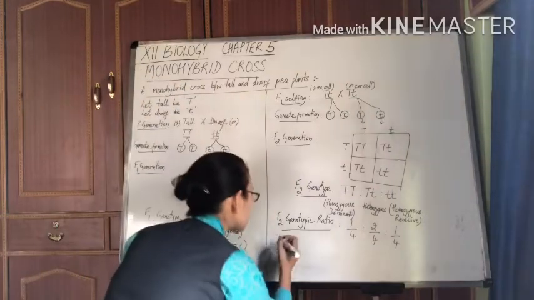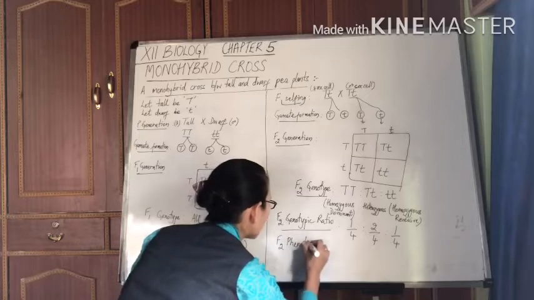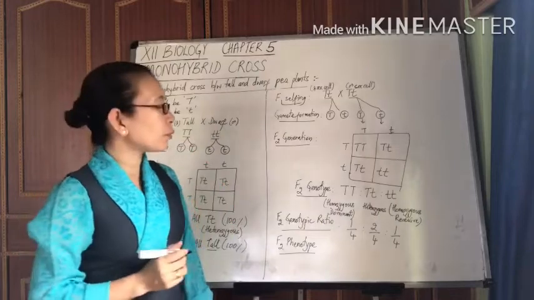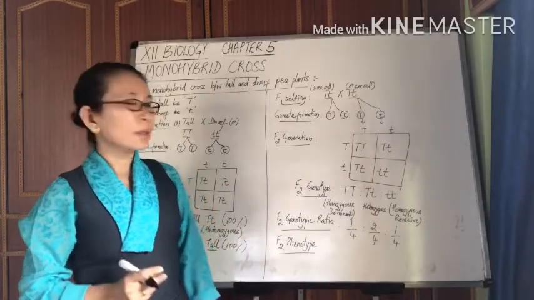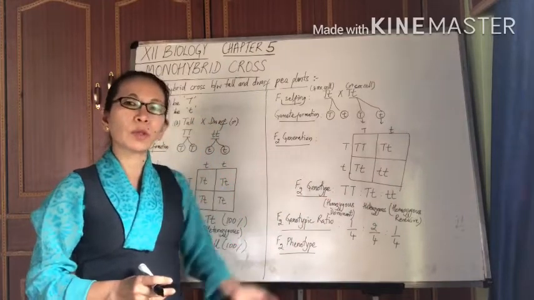Then we can also talk about the phenotype of F2 plants. So what can be the phenotypes of the F2 plants? So by looking at the Punnett square again, we can be predicting the possible phenotypes.